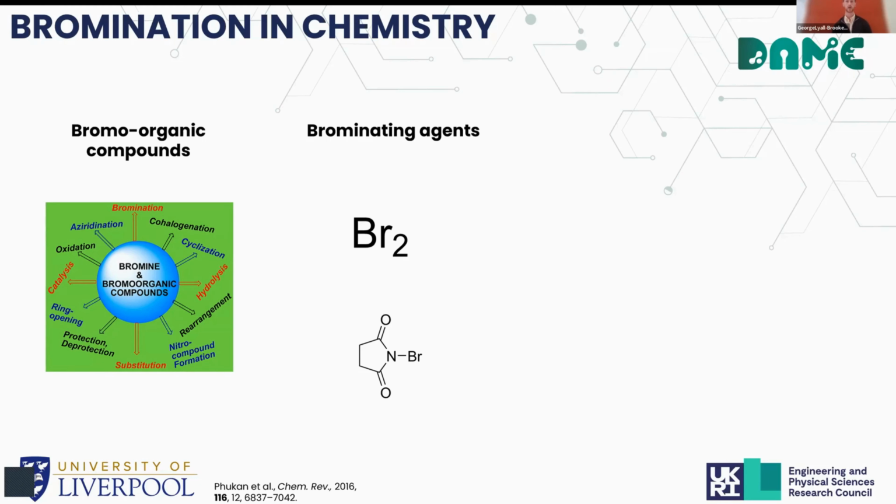As such, a lot of work has been conducted on the development of solid-based brominating agents. The most popular of these, arguably, is N-bromosuccinimide, which can be seen here, otherwise known as NBS. NBS is particularly popular because it is a commercial compound, so it is relatively cheap.